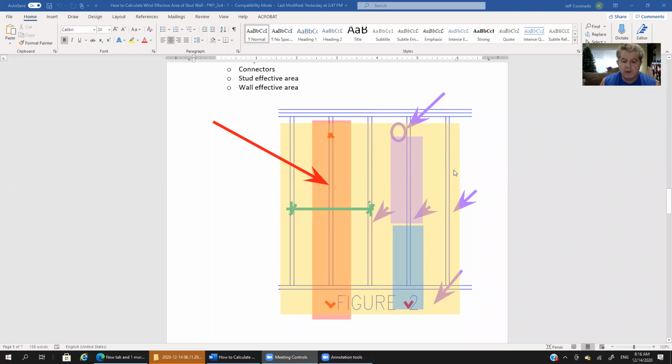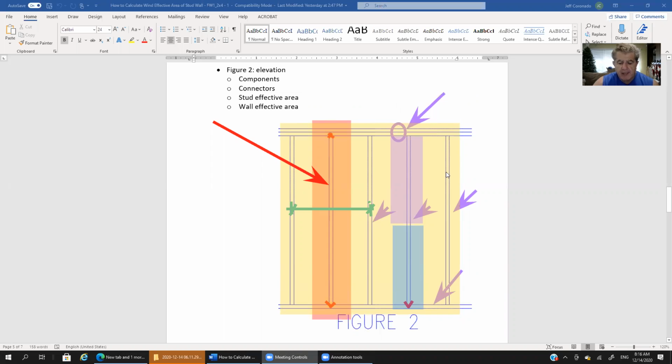Now there is one other thing to keep in mind, and that is, let's go back to the light green dimension. What the code allows us to do, so the theoretically correct tributary width for this effective area, as we said, was this light green dimension.